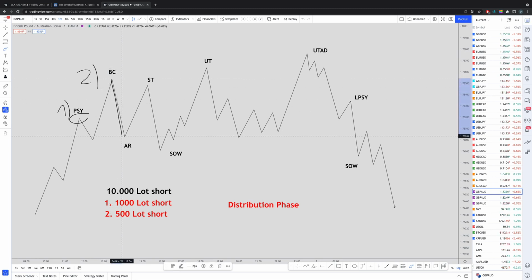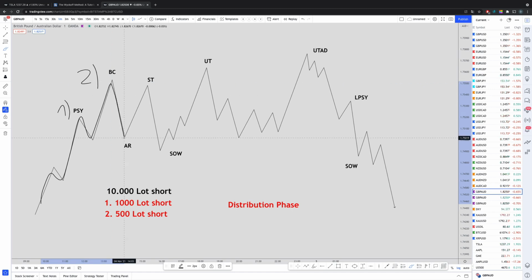What do you think the bank will do here at the AR? What do you think? Well, actually nothing. This is why this phase is also called automatic reaction, which means that the market here is still bullish.